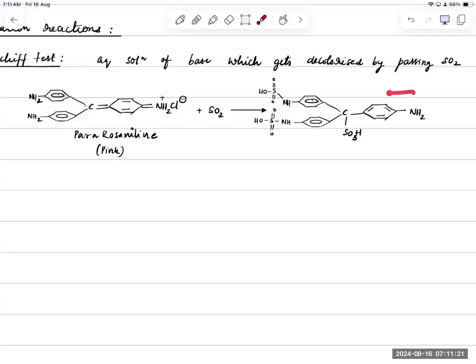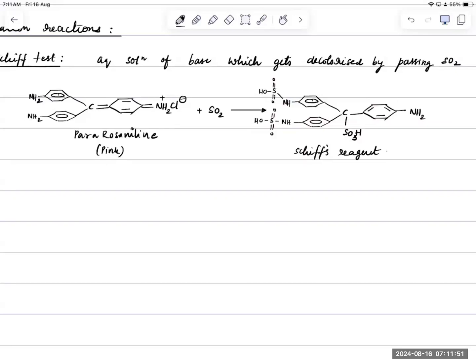So this is the structure which you will get after sulfonation. In some books, this amide form is not given, only SO3H is given. Point is, we need to get benzene rings, because benzene rings keep this entire molecule colorless. And this is what we call Schiff's reagent.